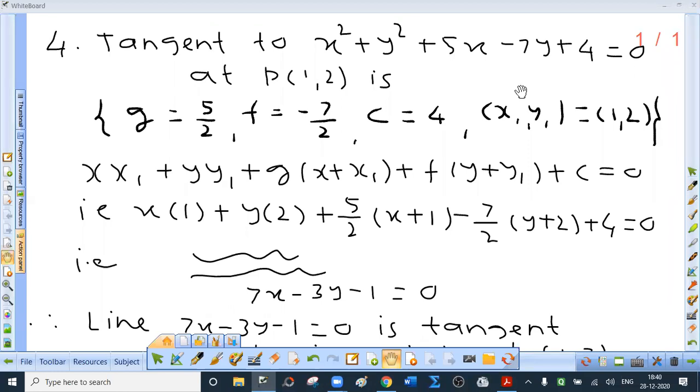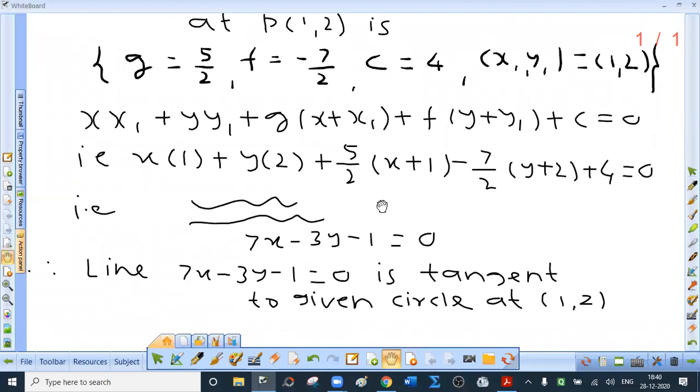In the first method, we obtain the equation of the tangent to this circle at (1, 2), and it must be 7x - 3y - 1 = 0. Here g = 5/2, f = -7/2, c = 4. On simplification, I am getting the same, so the line is definitely tangent to the given circle at (1, 2).